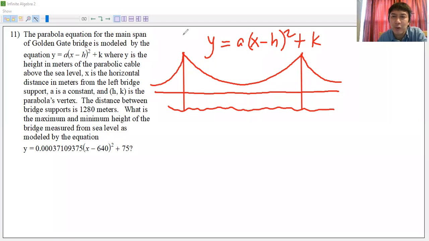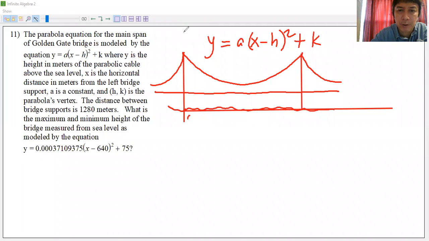So the equation described will have a reference corner here, such that this is our origin.